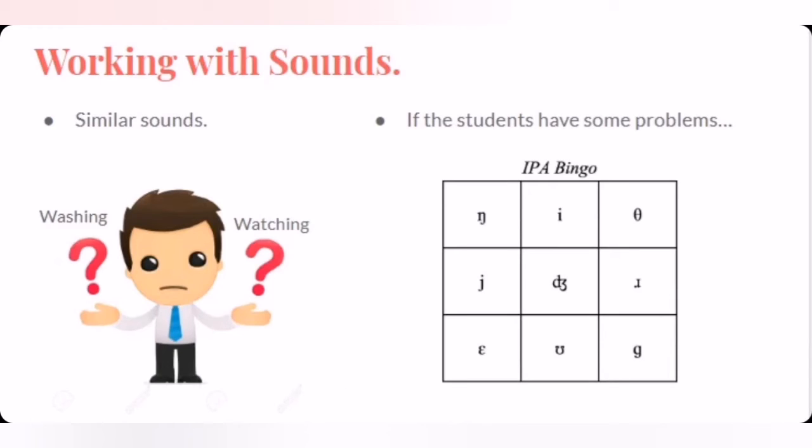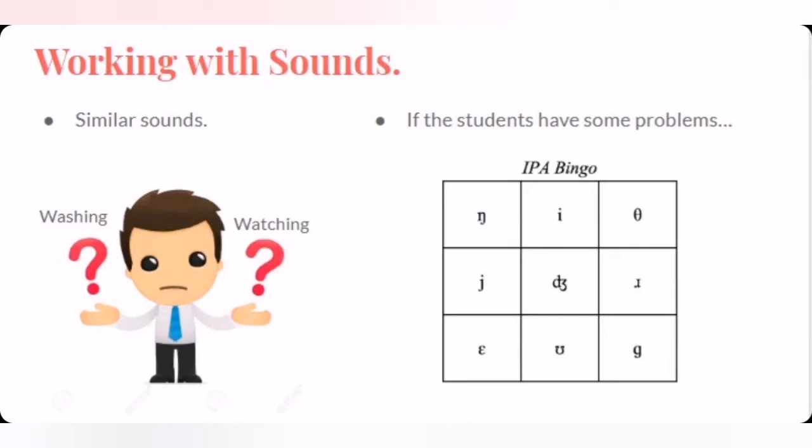Working with sounds. One of the easiest ways when teaching pronunciation is to teach with similar sounds. This will allow the student to identify the sound with respect to the spelling patterns. It will also allow you to differentiate between two very similar English sounds, for example, the sound sh and the sound ch.